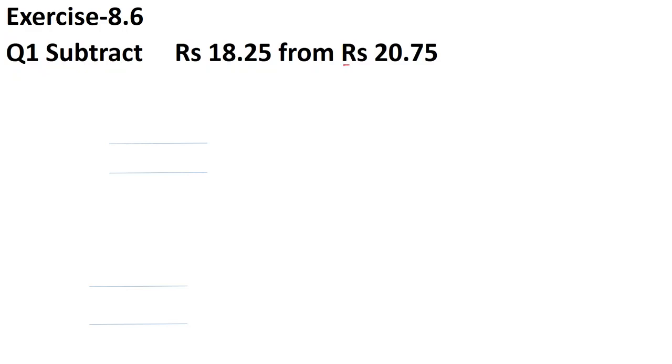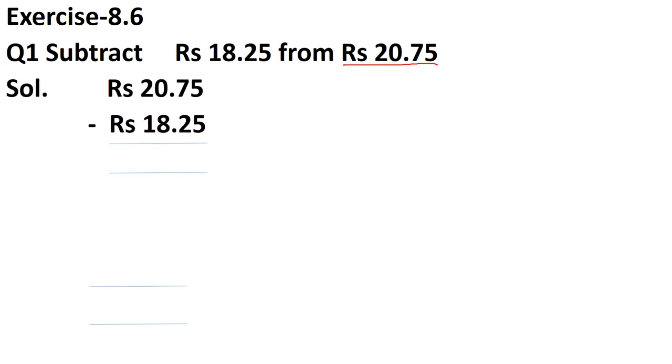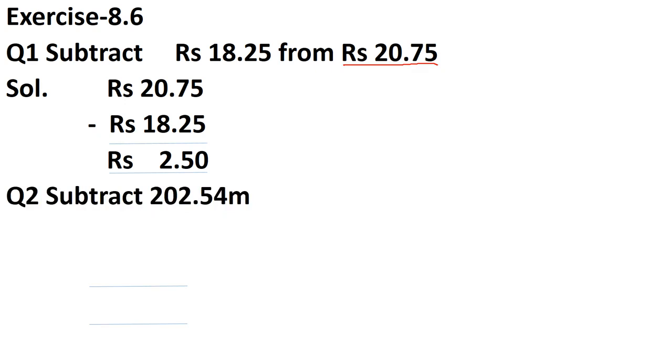So first of all we will write down 20.75 rupees, minus, we have to subtract rupees 18.25. When we subtract, we get 2.50 as our answer. This is a simple question.